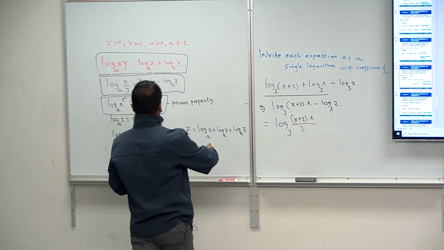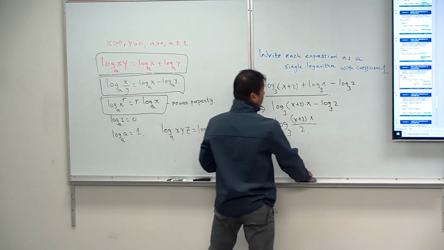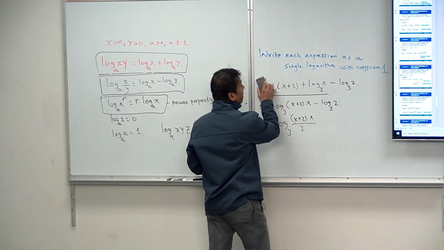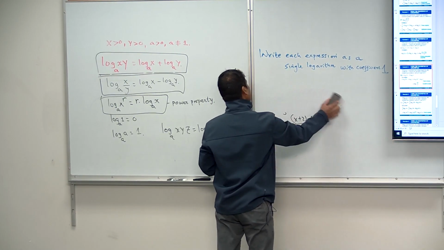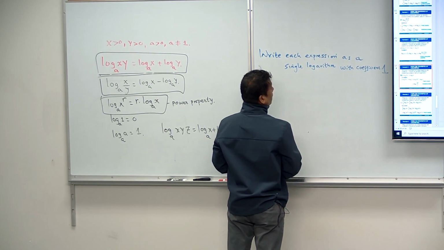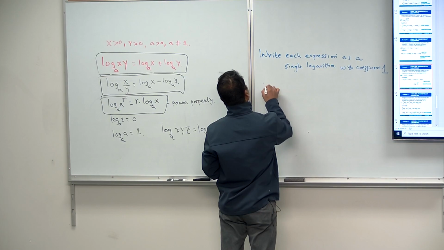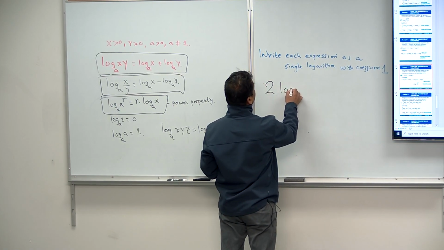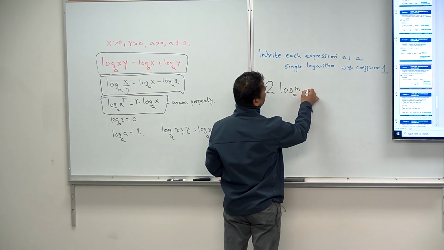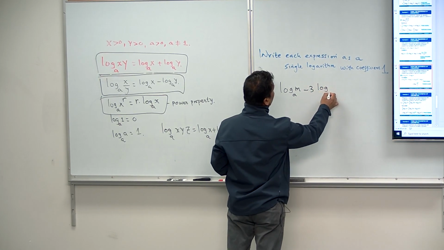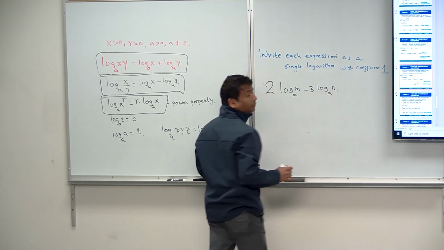And you can do, let's say, here, if you have 2 times logarithm with base a of m minus 3 times logarithm with base a of n.